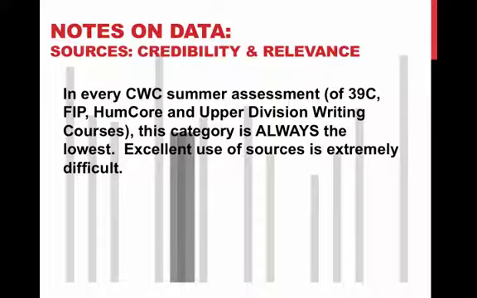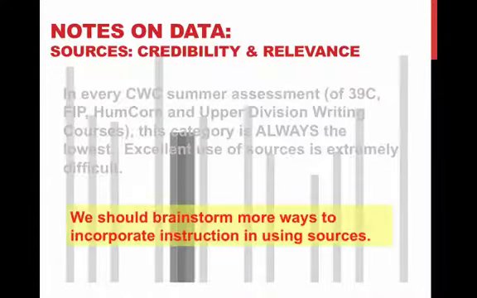So the conclusion we can make from that is that this is a very difficult skill. It's not something that students learn in one course. It's something they need to be taught over several courses, and they probably need to have more instruction in this. And so this is one area where I would like us as a staff to brainstorm on ways that we can incorporate more effective instruction in how to use sources in their writing.